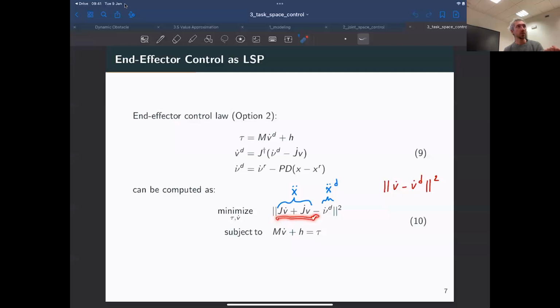And if you take a look at it, you can see that the cost function is still a least square cost because we have the 2 norm of a linear function of v dot. So this is the linear part, and this is the constant part.